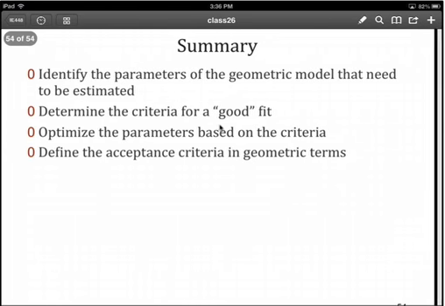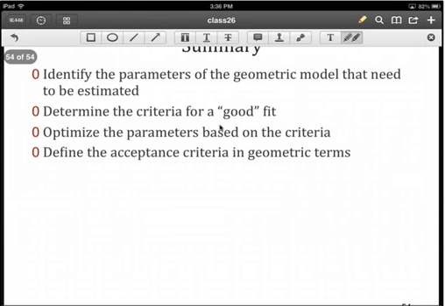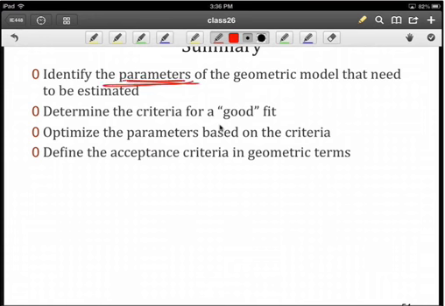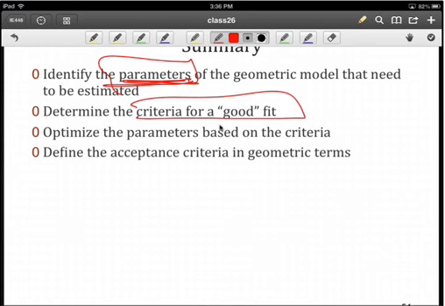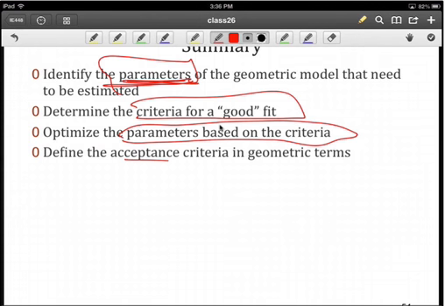So once I've identified that geometric model, then I'll have a set of parameters that need to be estimated, similar to what we did with datum features, determine my LP norm criteria for a good fit, go through our optimization procedure to estimate the parameters, and use my acceptance criteria to say whether or not it's within geometric tolerance.